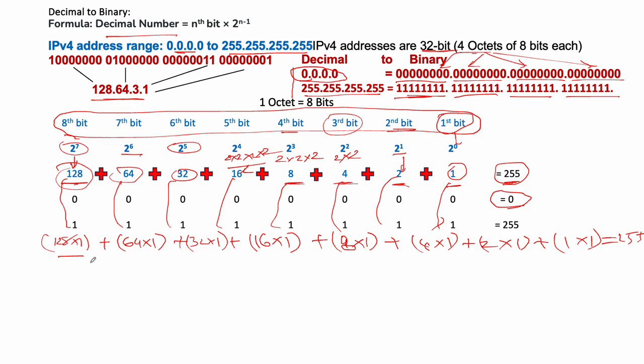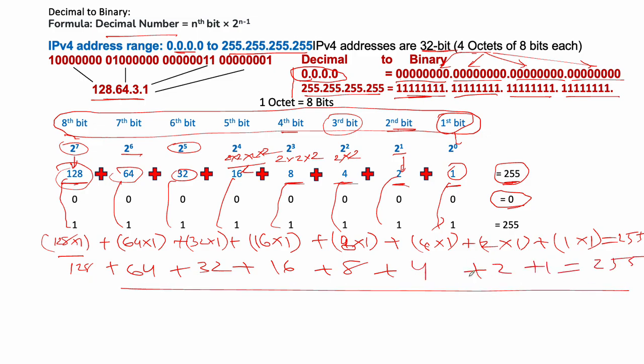How? 128 multiplied by 1, you get 128. So plus 64 plus 32 plus 16 plus 8 plus 4 plus 2 plus 1 is equal to 255. So this is how you get the value.